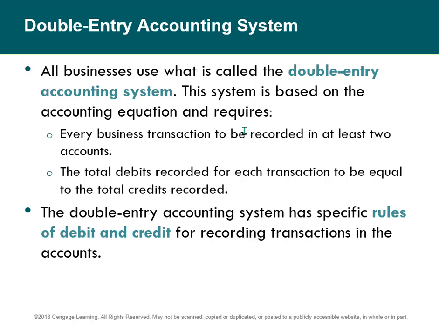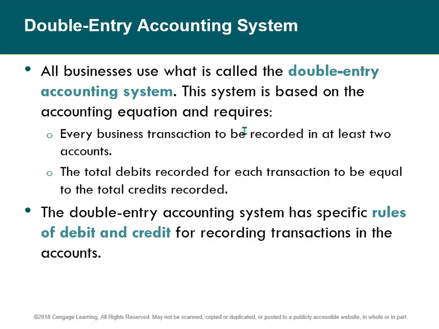Okay, so now we get to the double entry system, which was actually invented, I think in the 1400s, by a monk in Italy, and his name was Luca Pacioli. Is that right? That's possible. All businesses use this system, and every business transaction has to be recorded in at least 2 accounts. It could be more, but when you think about the accounting equation, we never made an entry with only 1 account.